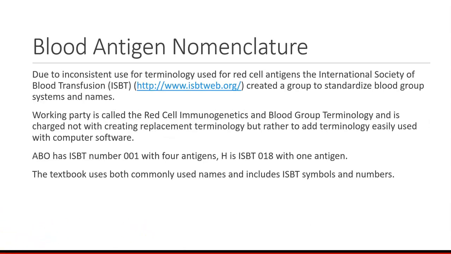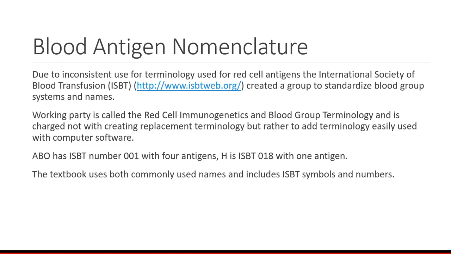Blood antigen nomenclature, or how we name these different antigens. Due to inconsistent use of terminology for red cell antigens, the International Society of Blood Transfusion, ISBT, created a group to standardize blood group systems and names. The working party is called the Red Cell Immunogenetics and Blood Group Terminology and is charged not with creating replacement terminology, but rather to add terminology easily used with computer software.